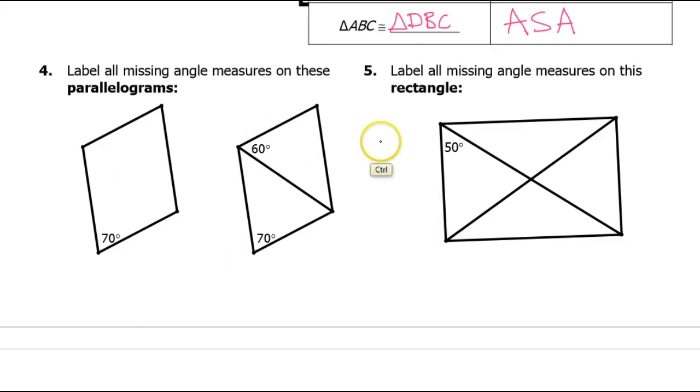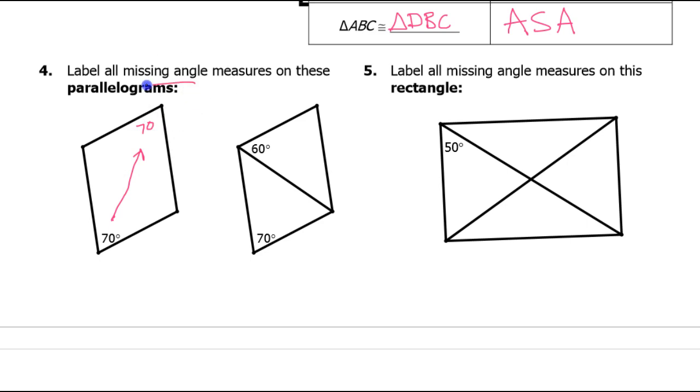Let's spend a moment talking about parallelograms, and specifically we'll deal with a rectangle here. With parallelograms, the opposite sides are parallel. Keep that in mind. But the opposite angles are always going to be congruent. So if this angle is 70, then this angle will also be 70.